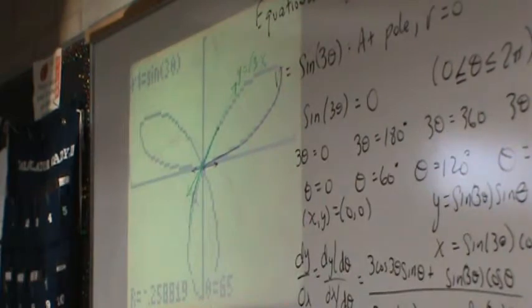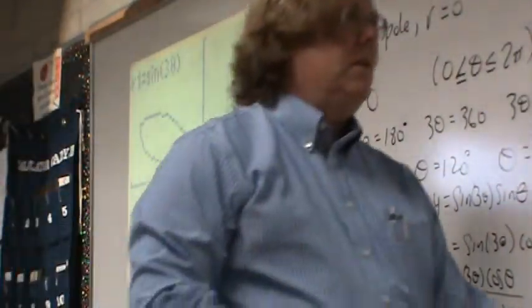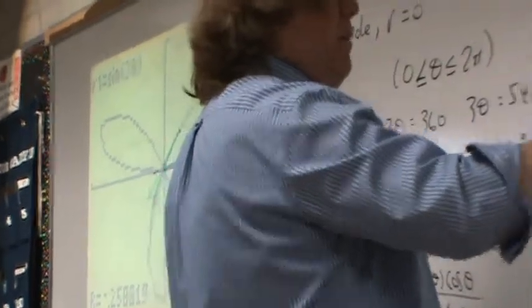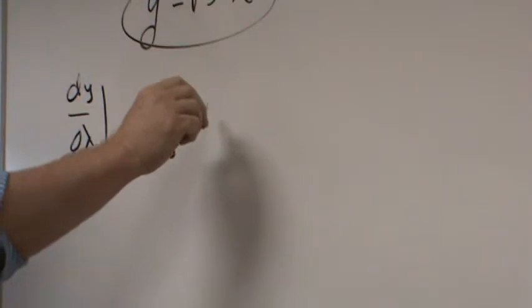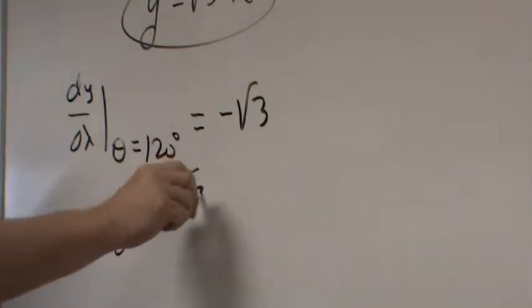And so that's why the equation of the tangent line ends up being y equals rad 3x. And then finally, when I do it for 120, just trust me, dy/dx evaluated at theta equal 120 degrees ends up equaling negative rad 3, so that the line is y equals negative rad 3x.